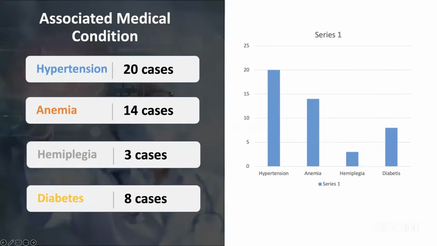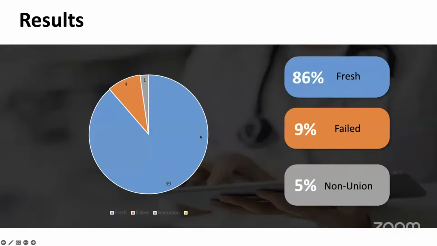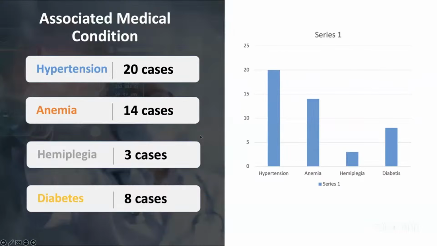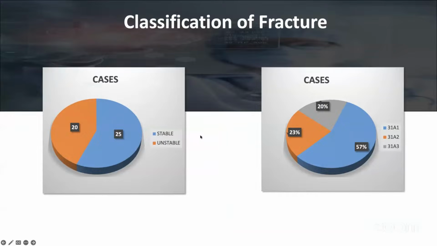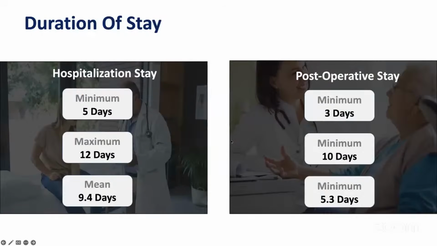There were various associated medical conditions: hypertension, anemia, hemiplegia, diabetes, and many of the patients were stable, but around 40% of the patients were unstable, and around 20 to 25% of patients had 31-A3 fractures. The hospital stay was a minimum of 5 days and a mean of 10 days.